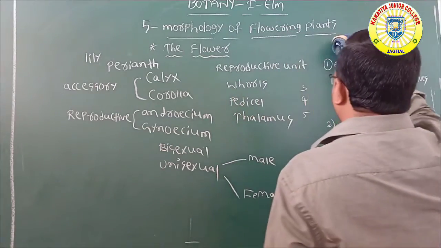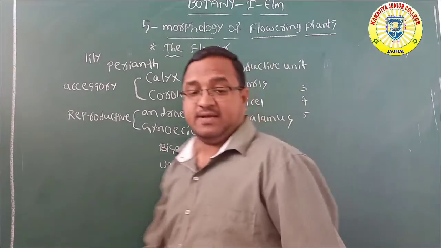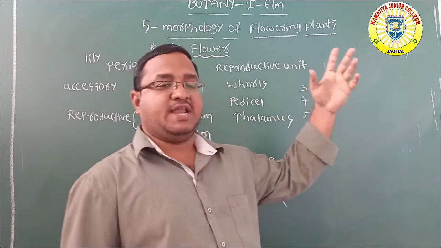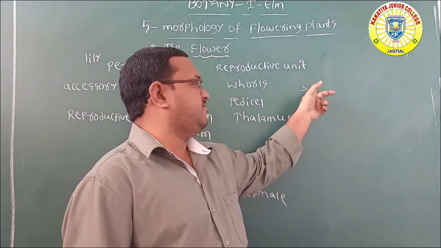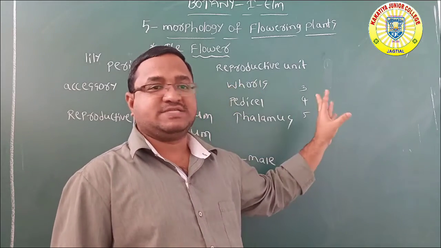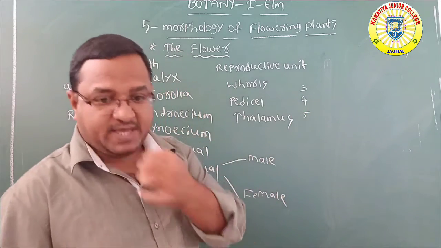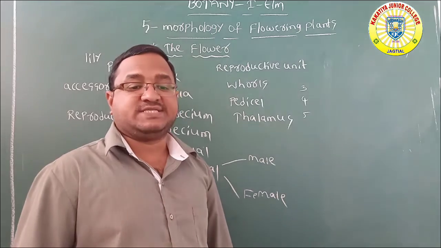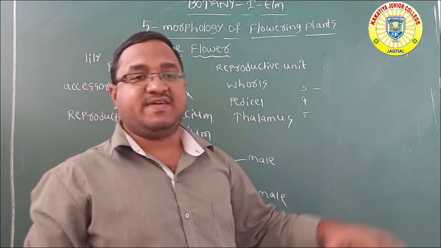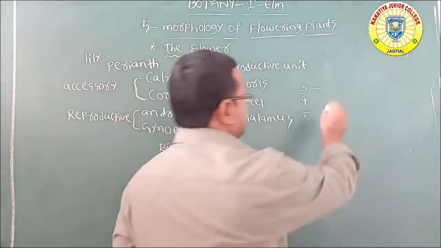Suppose in some plants they have 3 calyx, corolla, whatever it may be, floral appendages in numbers of 3, 4 or 5. A flower with floral parts in the number of 3 is called trimerous.